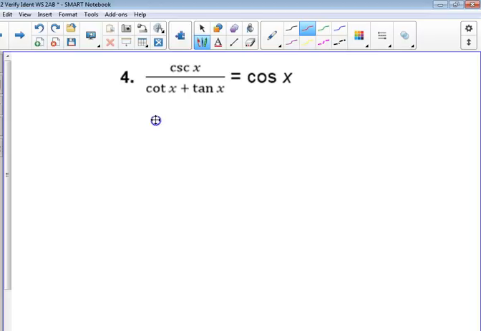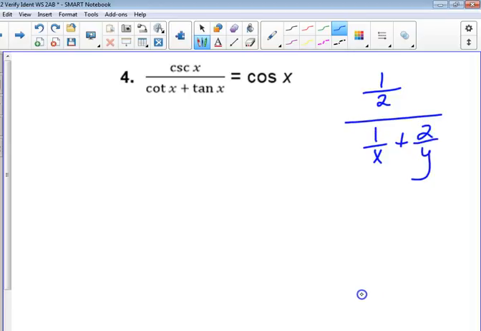Actually, before I do this question, I'd like to show you a really good idea, so help me review it. When you have a complex fraction, something like that, we did this earlier this year, but you do it a lot in calculus.